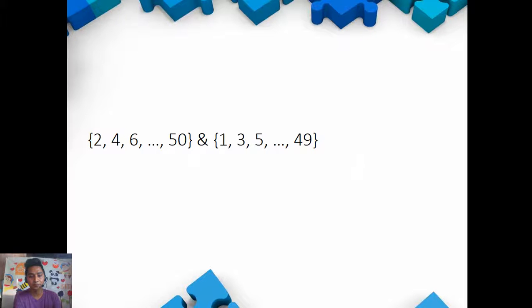How about odd numbers 1, 3, 5, and then 49? From 2, 4, 6, and 50, we have 25. How about 1, 3, 5 until 49? How many odd numbers? We have also 25. Therefore, the example is an example of equivalent set.